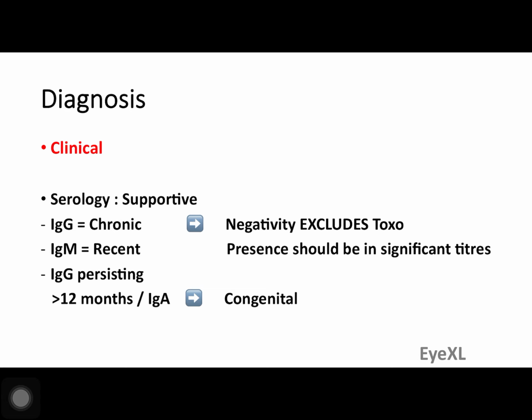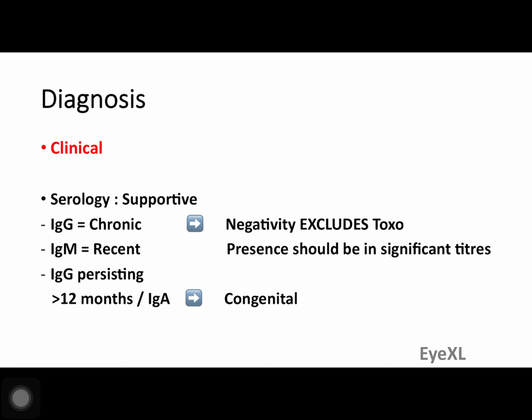But if they are present, they need to be present in significant titers, because remember, one third of the world population is affected by toxoplasmosis at any time without all of them showing symptoms. So just the presence of antibodies does not mean that this patient has clinical toxoplasmosis right now. It may even be asymptomatic, just the presence of a past infection. So these need to be in significant titers.